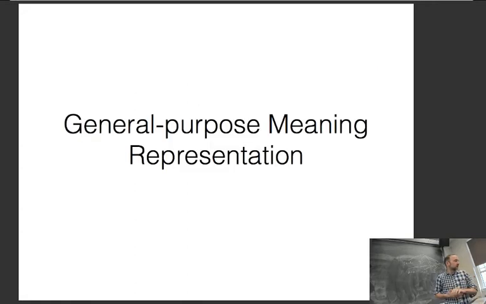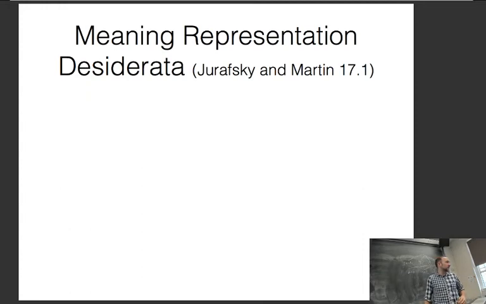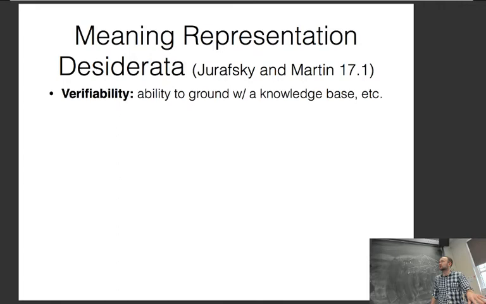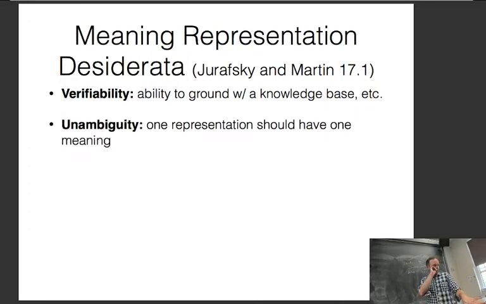So for general purpose meaning representation, there's a few desiderata, a few good things that we would want to have in any general purpose representation. That was also outlined in the reading material. But one is verifiability, so ability to ground it with a knowledge base, etc. This is good if you want to do question answering or whatever.